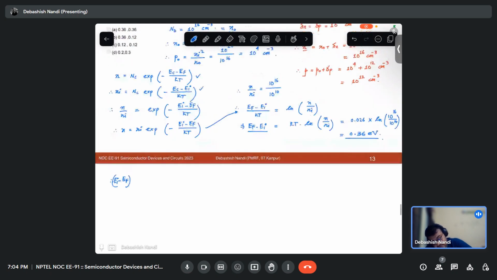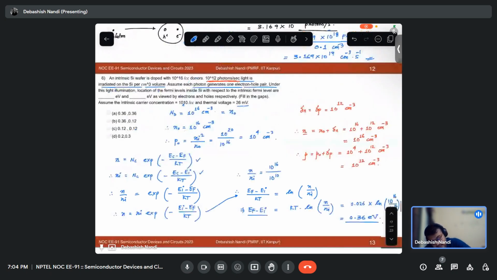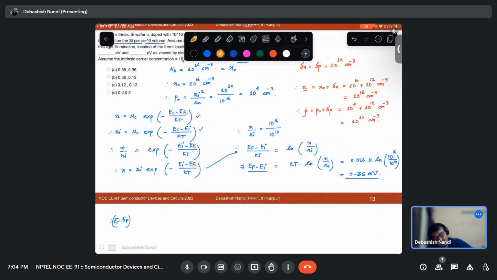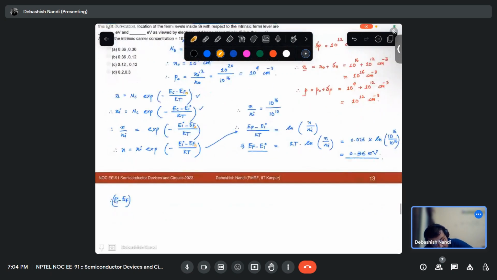Let me mention one point here: this does not remain EF, it will shift. It becomes your quasi Fermi level.